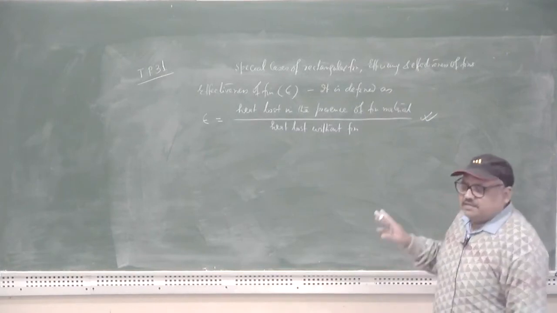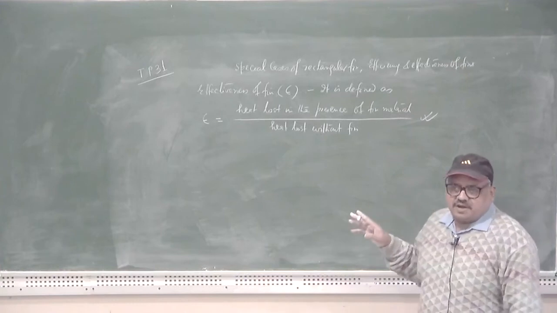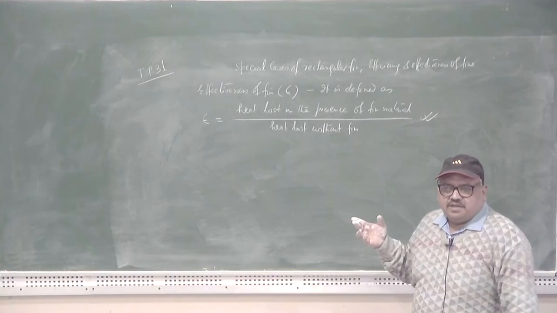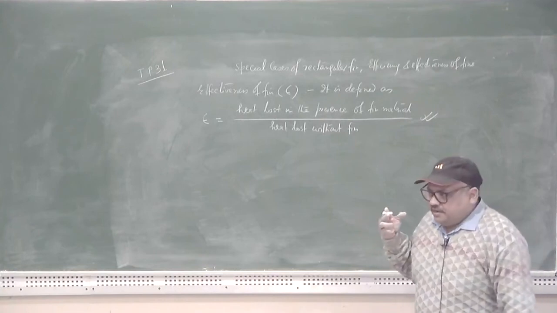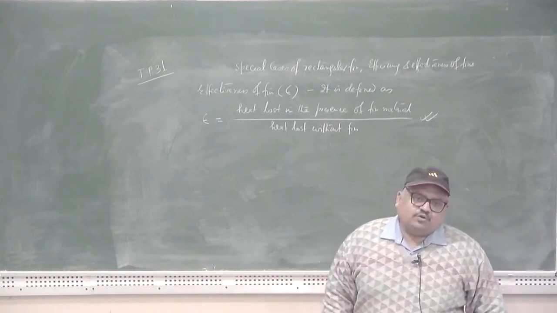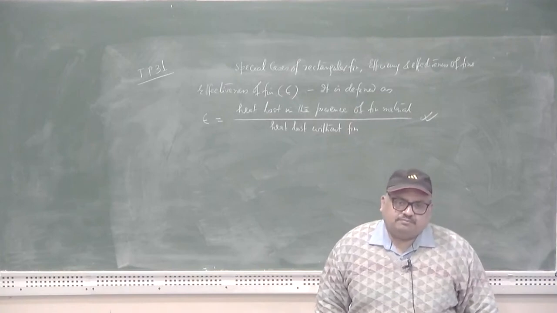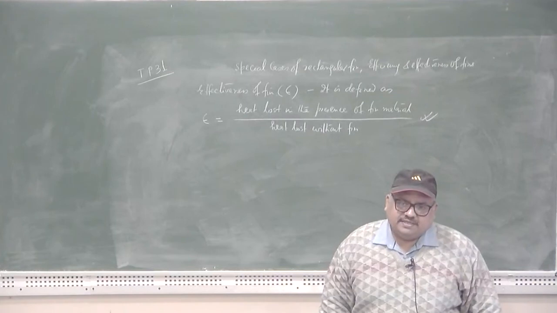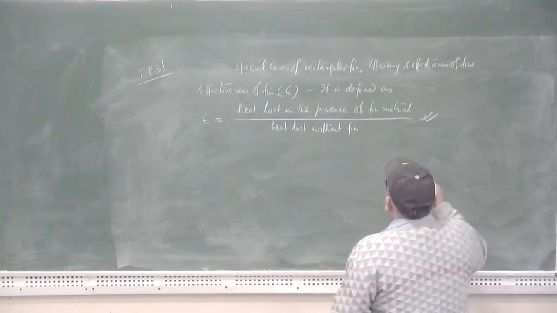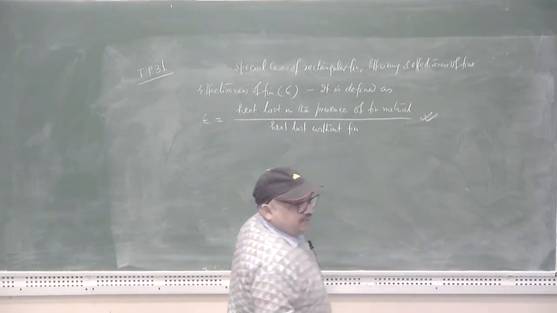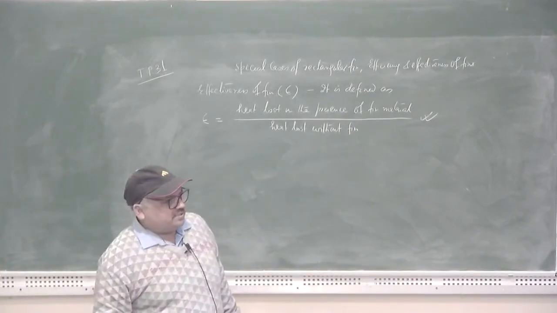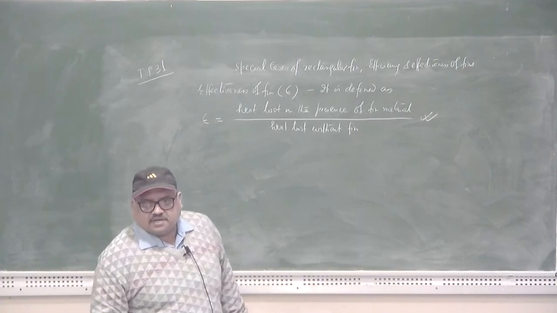Later on, while discussing unsteady state heat transfer after two to three classes, a new dimensionless number will get introduced, that is called the Biot number. That is basically defined as h by K into delta, where delta is the characteristic dimension, h is the convective heat transfer coefficient and K is the thermal conductivity of the material.